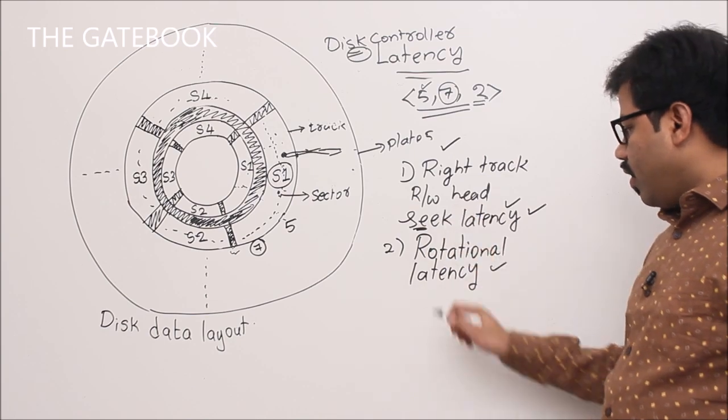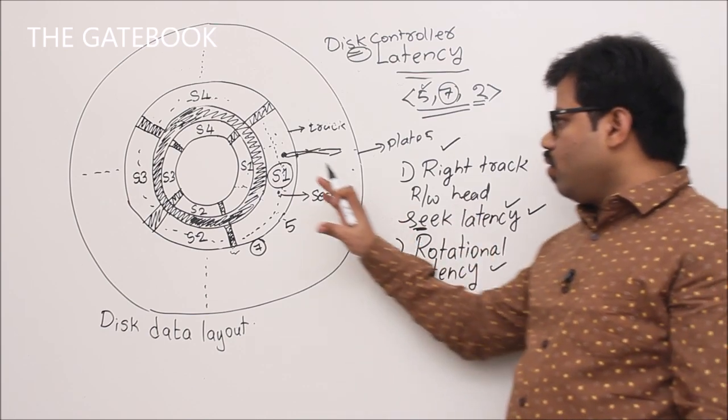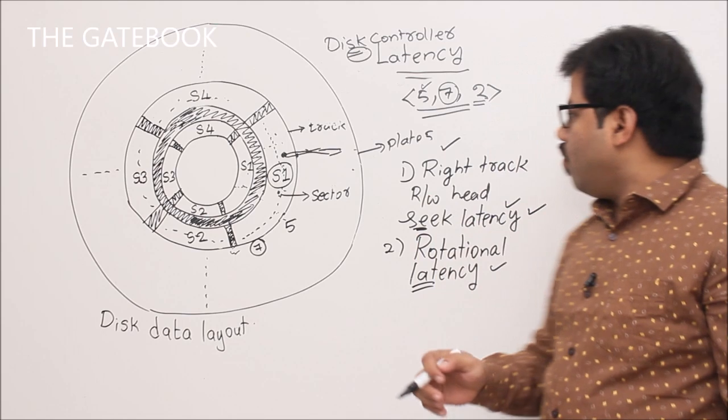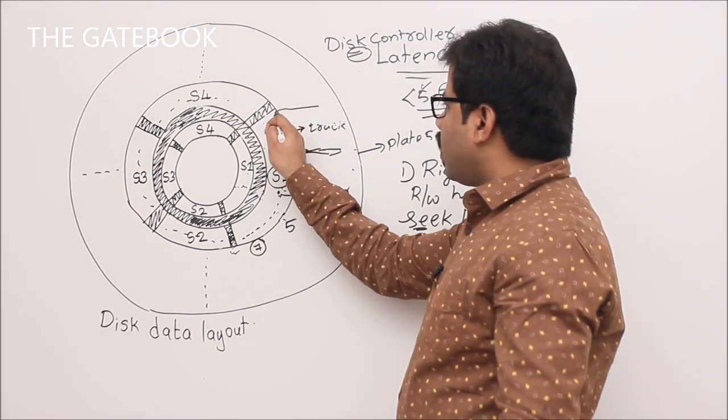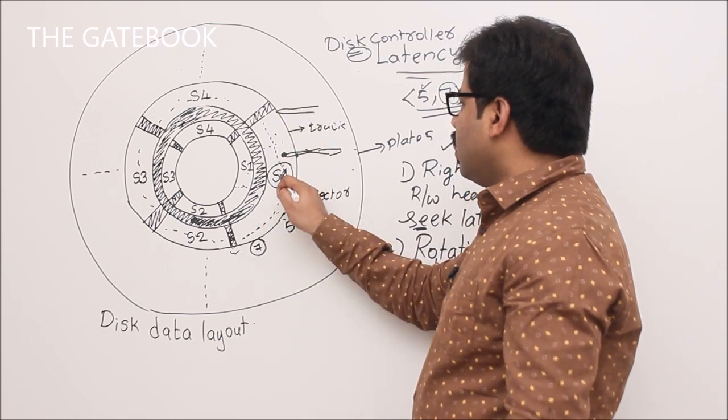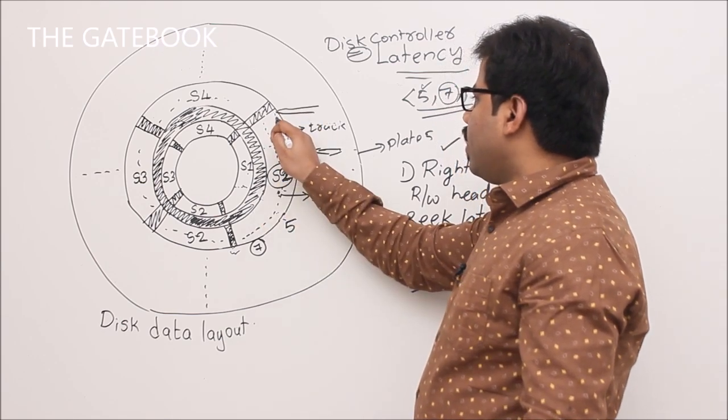Now the second one, rotational latency, because we have to rotate this plate. Once you rotate the plate and your read write head comes to the right point, let's say this is sector number 2, then we write the data like this.